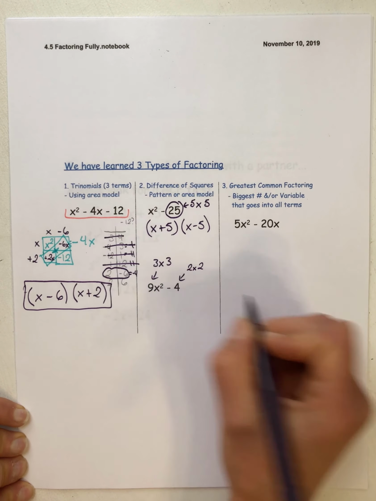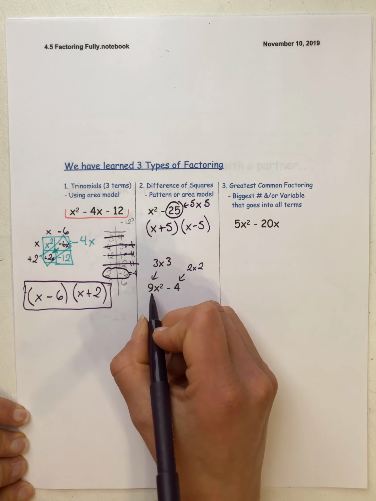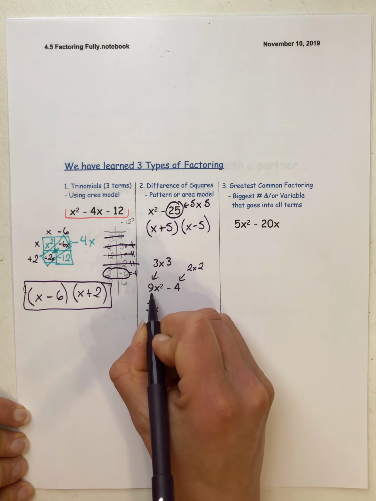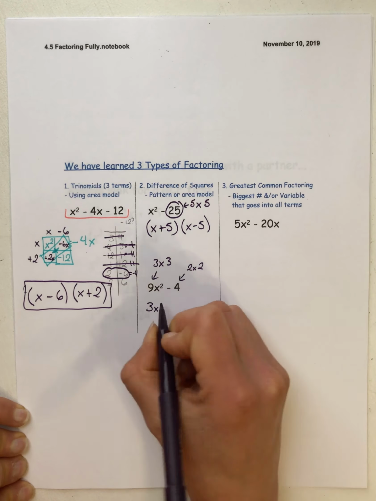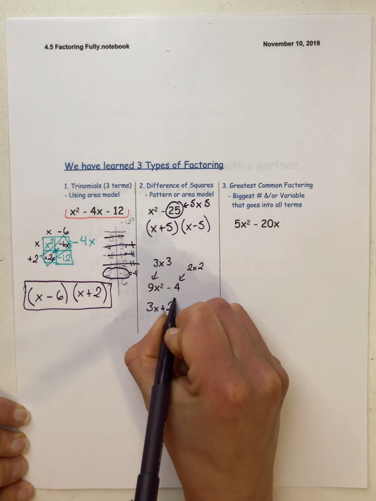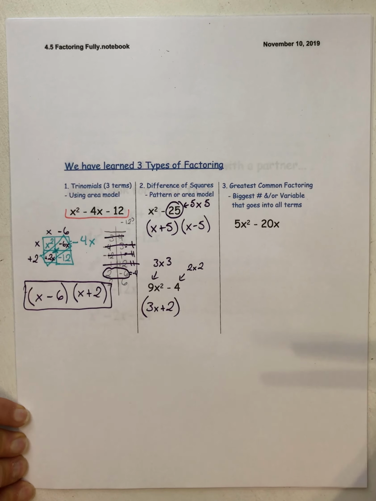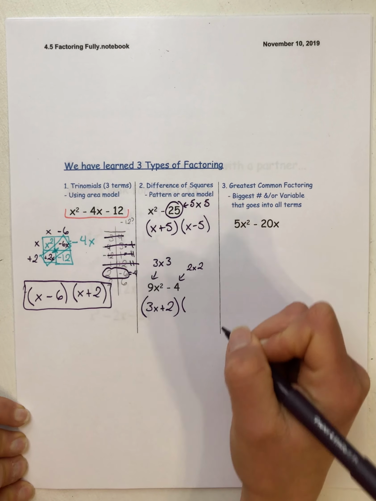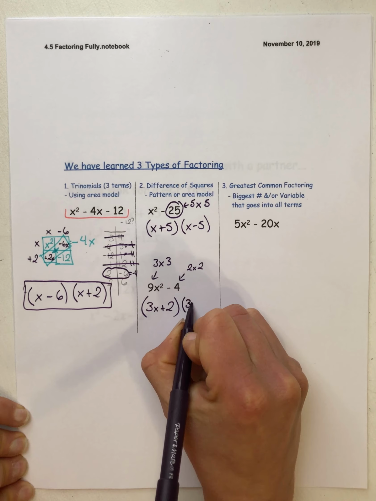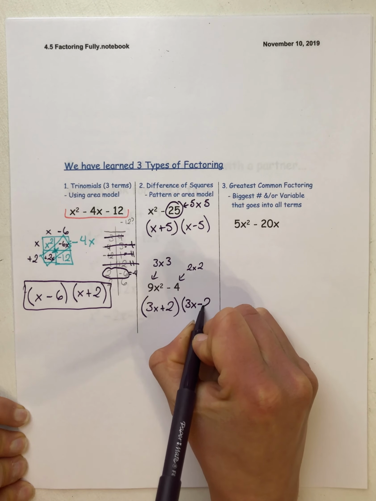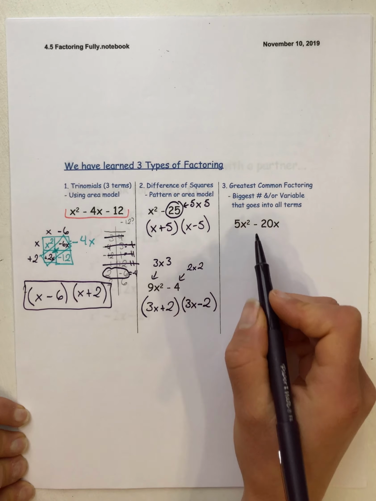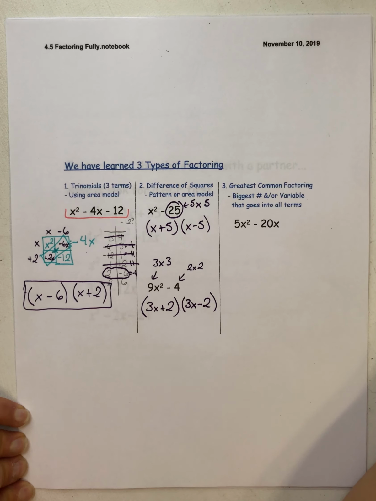So when we bracket this out and we factor them, we can factor it as 3x, because we take one of these x's, plus 2. And then we made one a positive, so we have to make the other one a negative. So we have 3x minus 2. Beautiful.